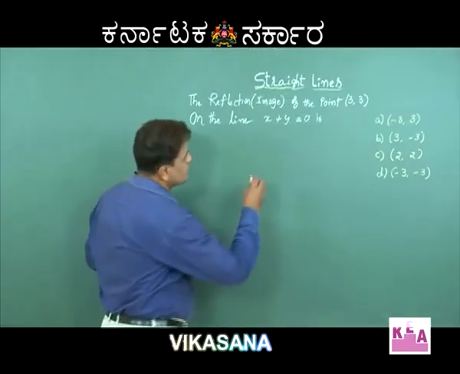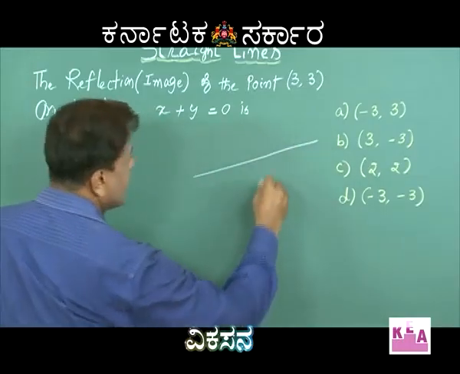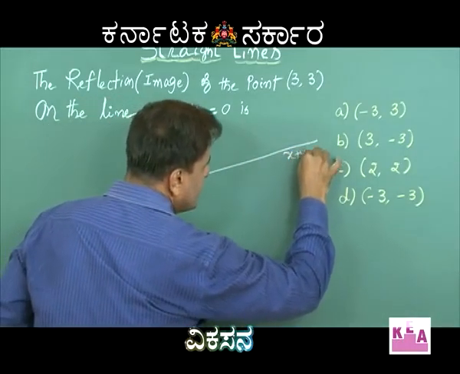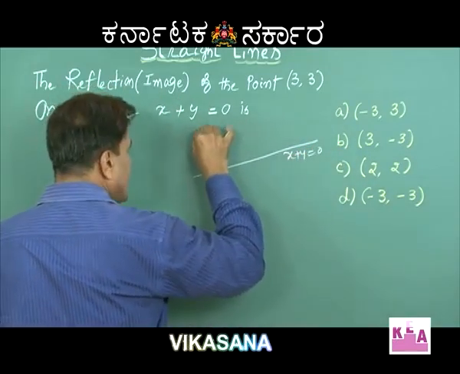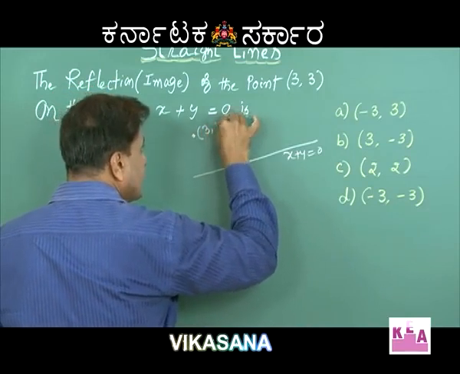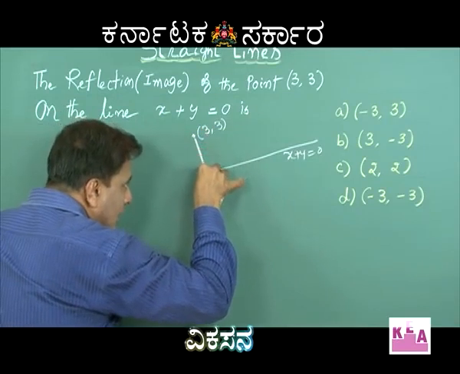First observe this: the given line is x plus y is equal to 0, and the point is 3, 3. Draw the perpendicular line.